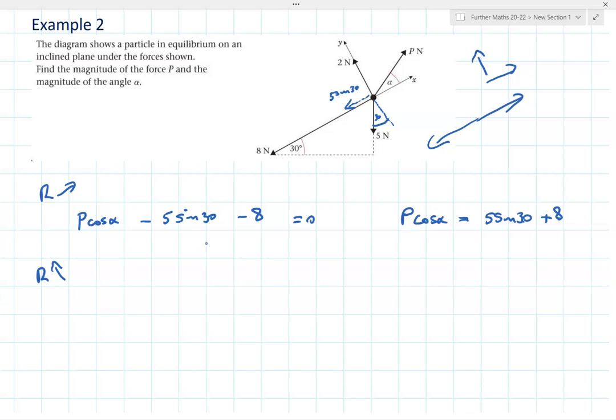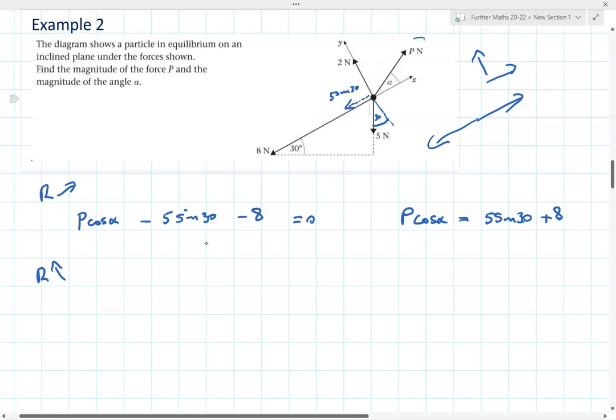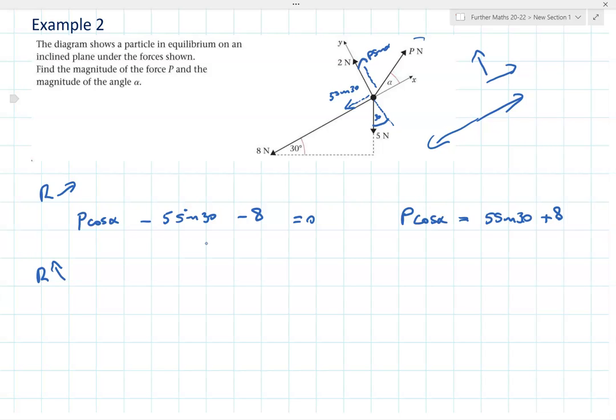Again, let's look at this force here. We've got P, but this time it's P sine 60, or sine alpha, so that's P sine alpha because it's away from the angle I've marked. The angle I've marked there, I've got all this space here, so it's P sine alpha.